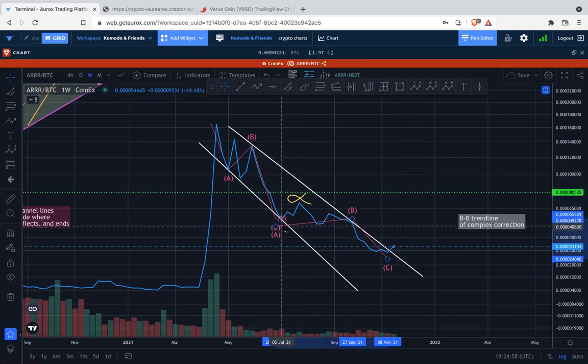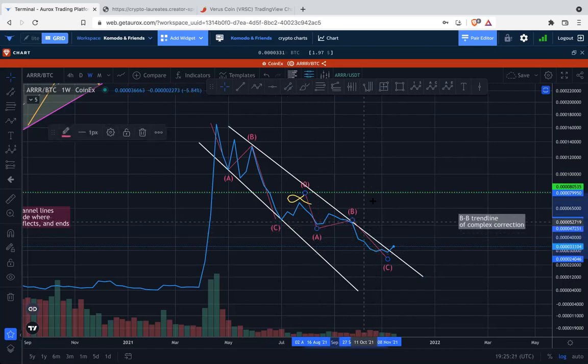And then we don't start the next move there, because then we have our X wave, and we start our next move here at the X wave. Okay, we make our A here, our B is here, and our C is down here.